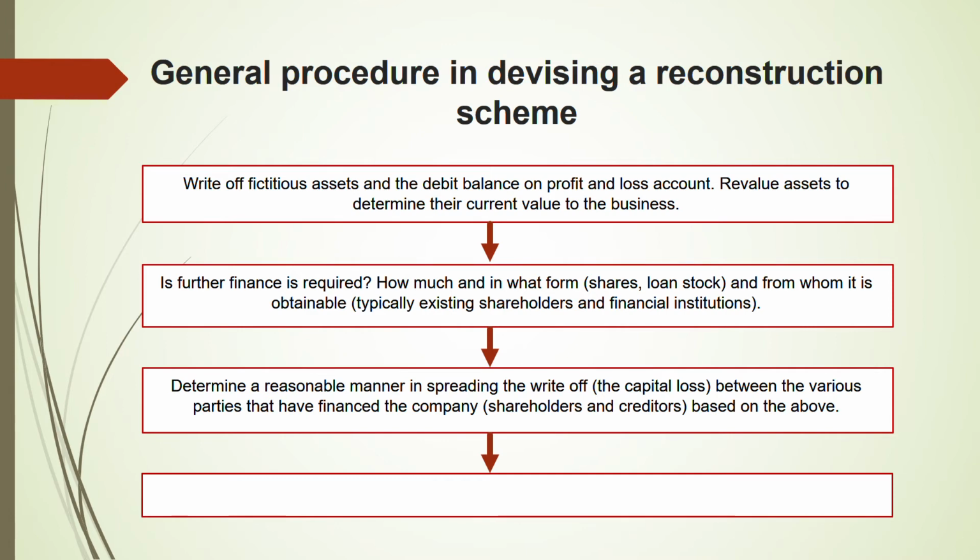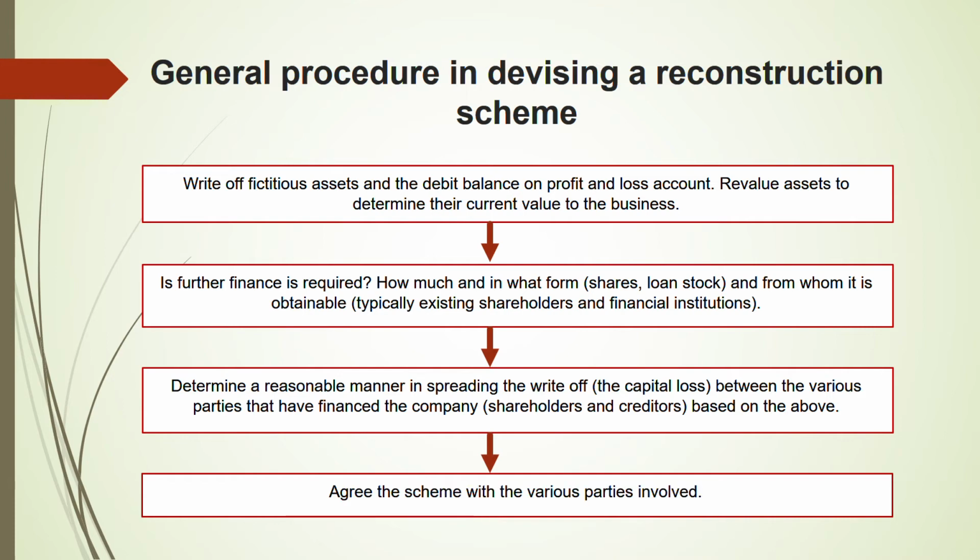Third, after you have decided, you have to determine the reasonable manner in which you are going to spread the write-off, the capital loss. That capital loss has to be divided among various parties, right? How are you going to do that? It has to be reasonable between the various parties that have financed the company, for example, shareholders and creditors, based on the above, meaning based on the amount of finance that is required and in what forms.